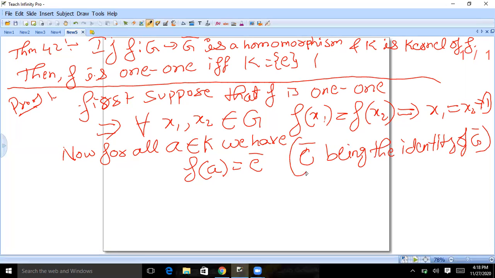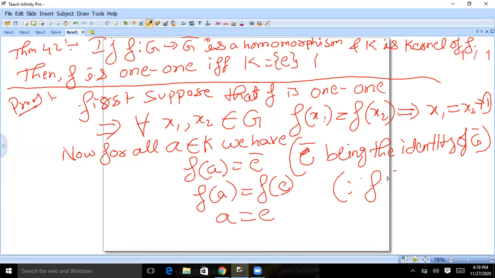Okay. Therefore, f of a is equal to f of E. So that is a is equal to E.